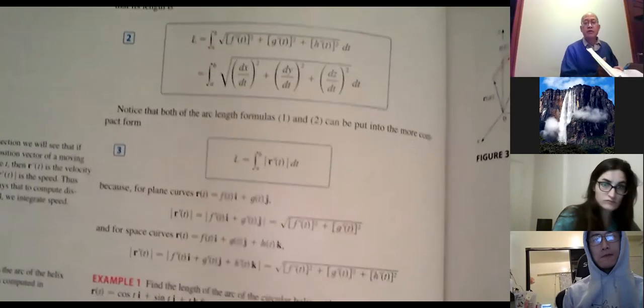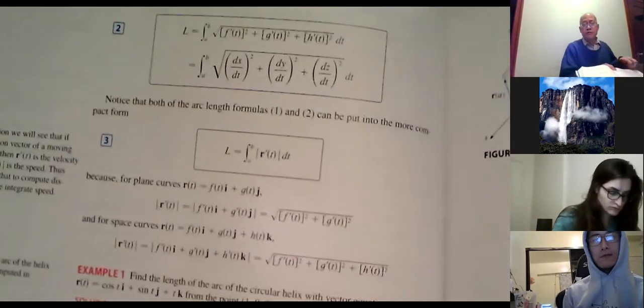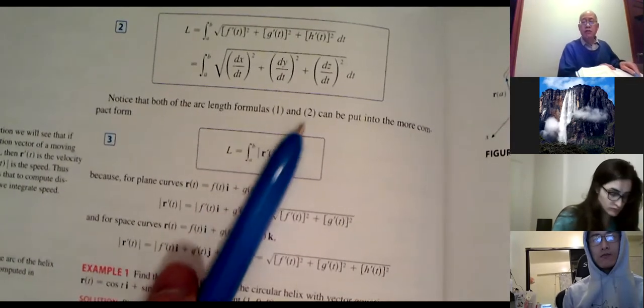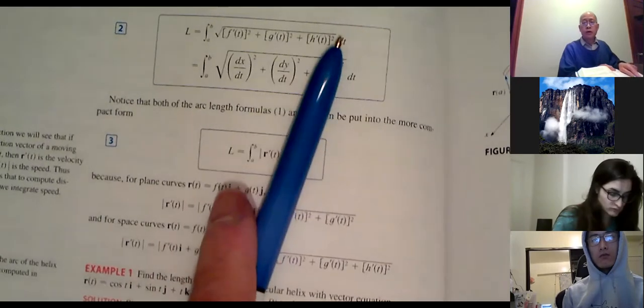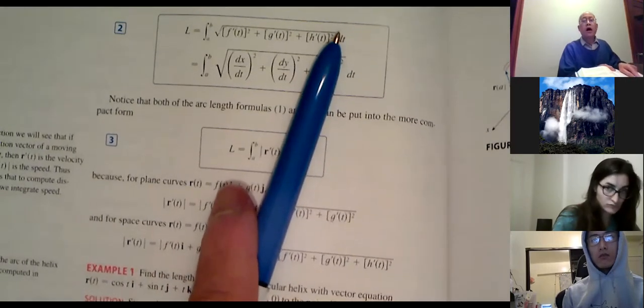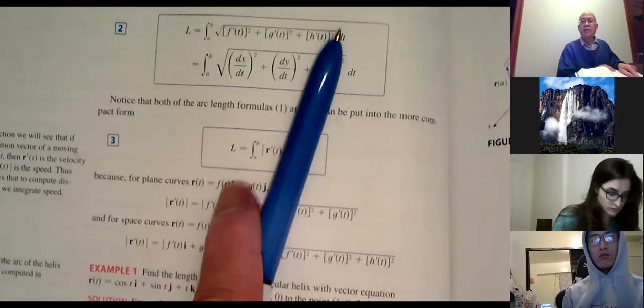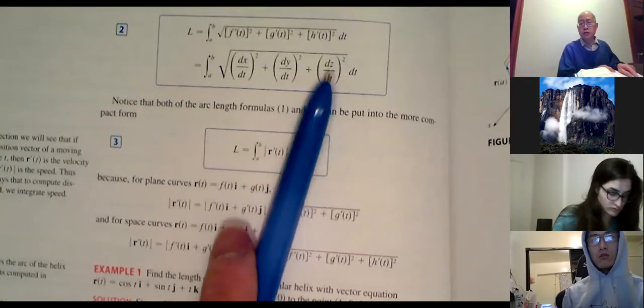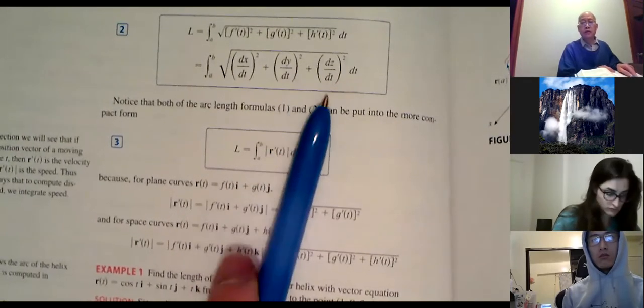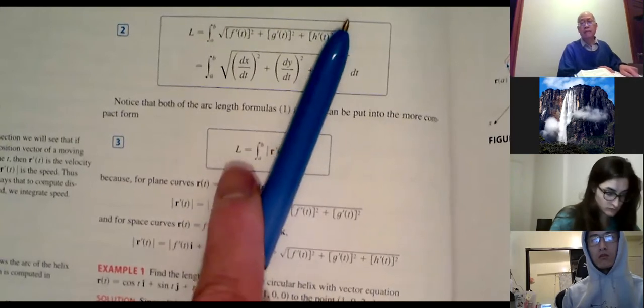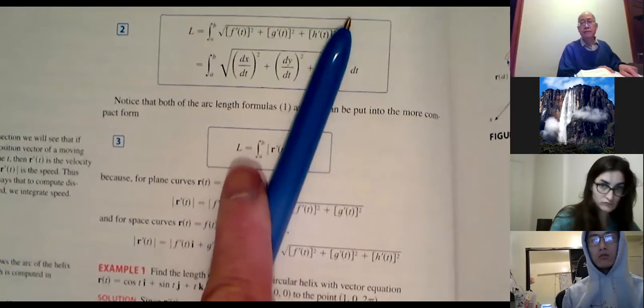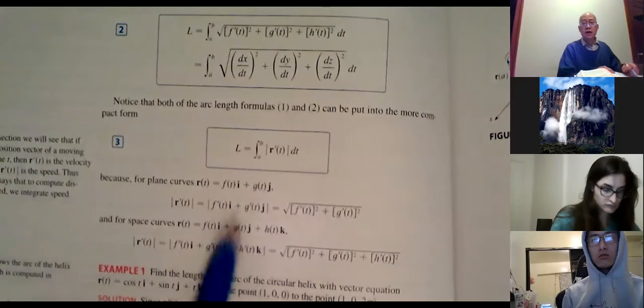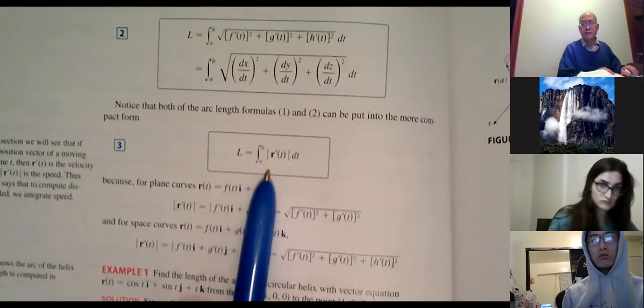When you stop and think about it, in Calc 2, when you were using this formula, it was always in 2 dimensions, and behind the scenes z was also 0, and the derivative of 0 with respect to t is 0, so this never showed up. This is true, but you don't really need it.